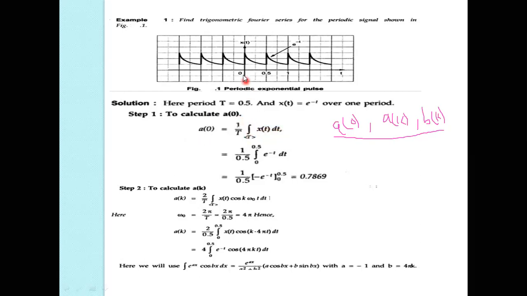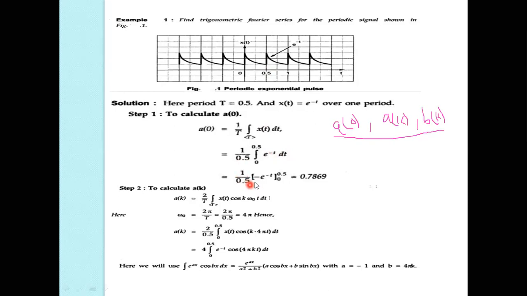The initial value I take is 0 and the final value is 0.5 because the time period is 0.5. Similarly 1 by T here is 1 by 0.5. The x of t is a negative exponential because it decays from magnitude 1 to 0, so e power minus t dt.